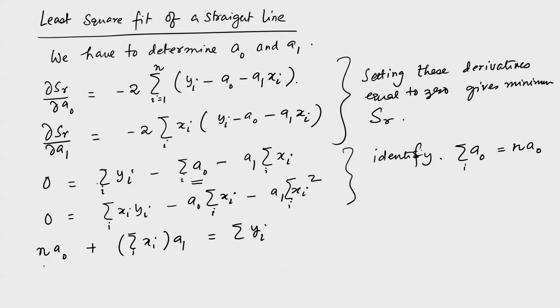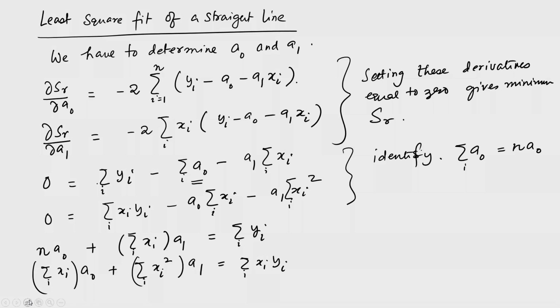And there is a sum over i x i with A 0 plus a sum over x i square with A 1. If I miss these i's, please understand that it is a sum over i going from 1 to n, and this is equal to the sum of x i y i.